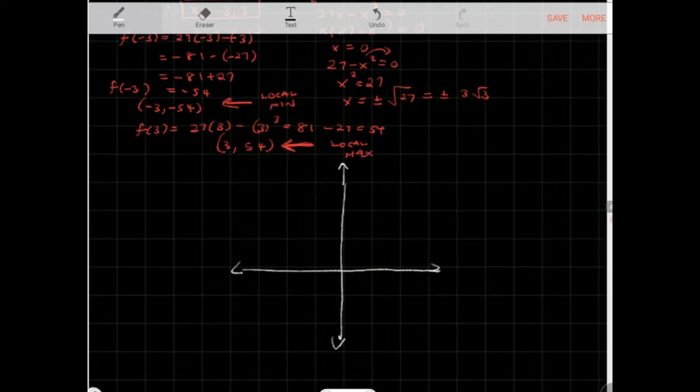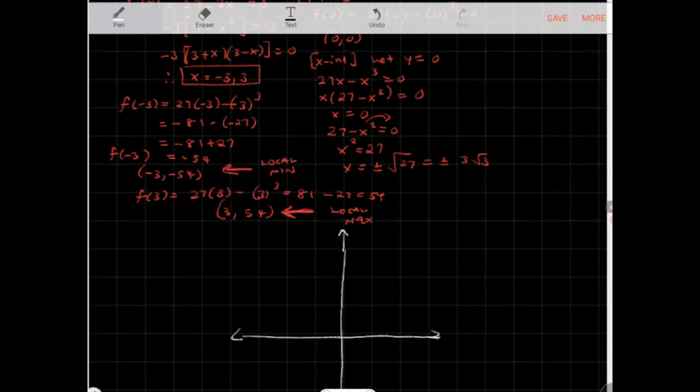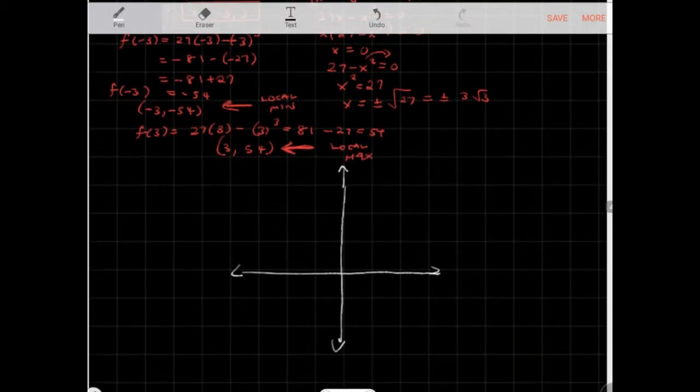Our key points: we know that there is an intercept at (0, 0), so one of our x-intercepts and our y-intercept is (0, 0). The other intercepts are positive 3 square root 3 and 0. So let's say this is here. The other point here is going to be negative 3 square root 3 and 0. This is an odd degree function.